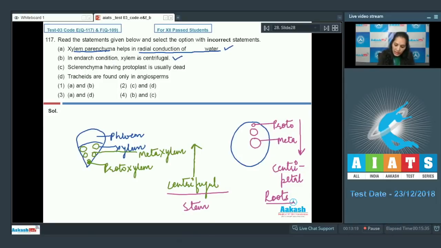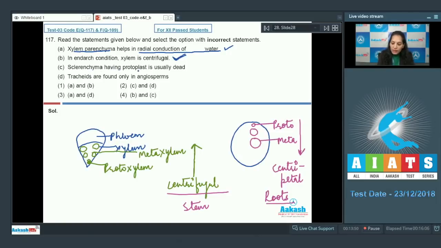So in dark condition, xylem is centrifugal, yes. When protoxylem is towards the inner side, towards the center, the growth is towards the periphery. So in dark condition, xylem is centrifugal, right? When the protoxylem is towards the periphery, it is called the exarch condition, and growth of xylem is towards the center. It is called centripetal growth, which is seen in roots. So this statement is correct.